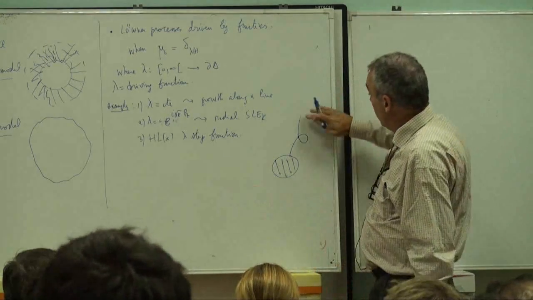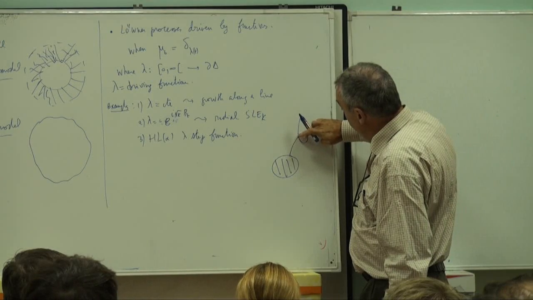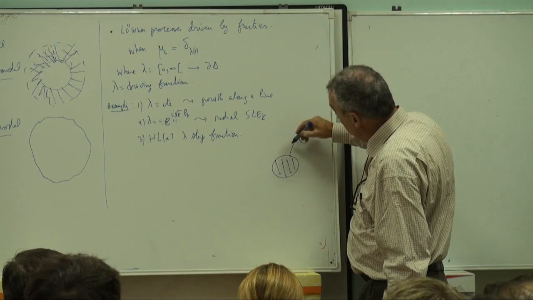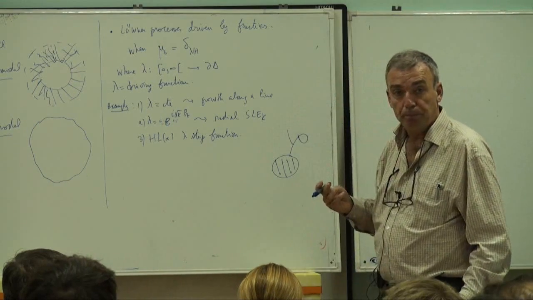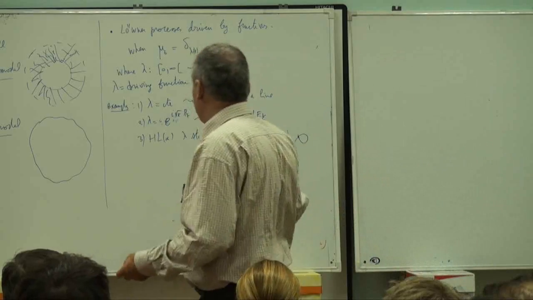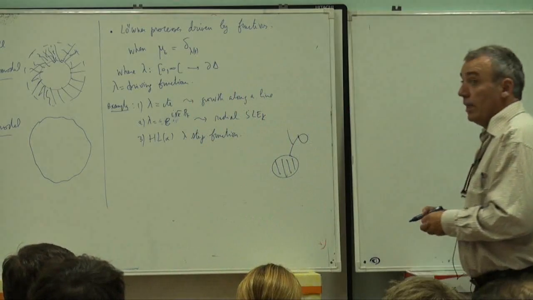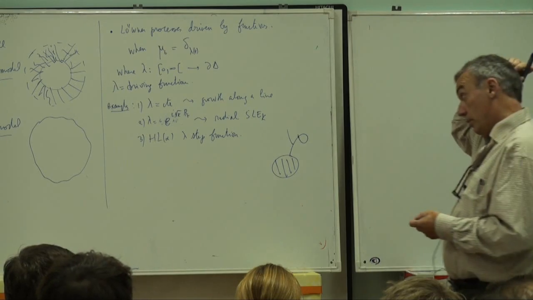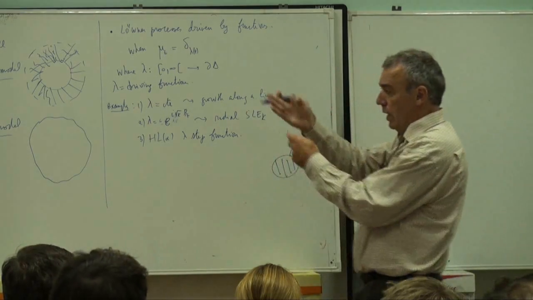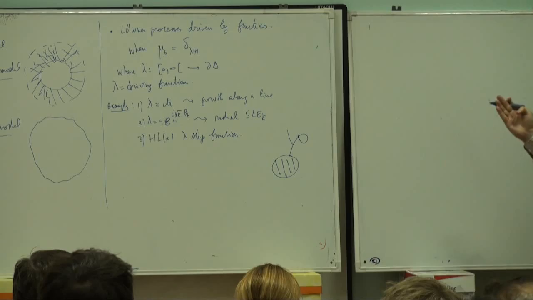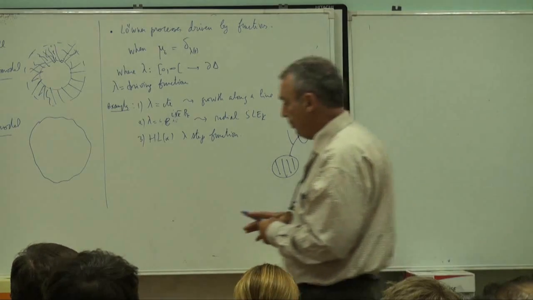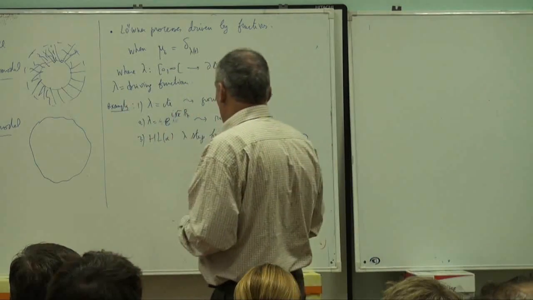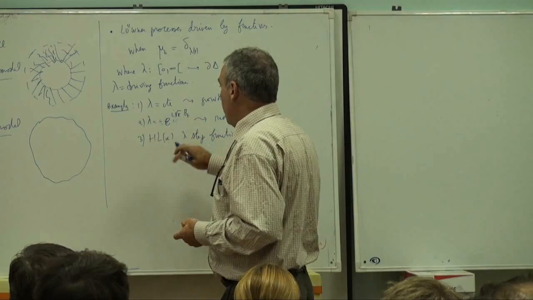Starting on the opposite side or starting exactly here doesn't make any difference. So the natural class is precisely the class of, say, cadlag functions: continuous from the right and with a limit on the left. You can always make continuity at one of the two points; it doesn't matter.